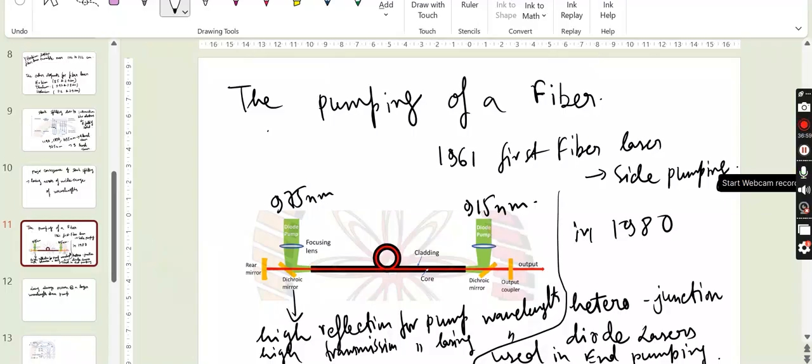So basically the fiber can be centrally coiled, and for that we append the fiber.